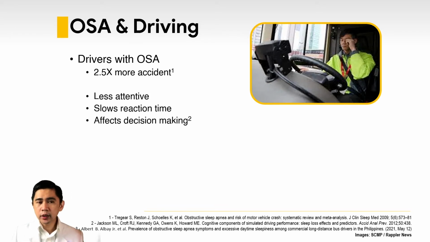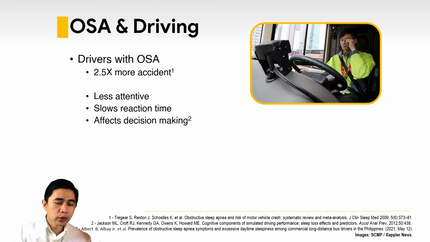This is important, especially for bus drivers or commercial drivers, those carrying passengers or goods. They can actually get into an accident and also affect the passengers that they carry.